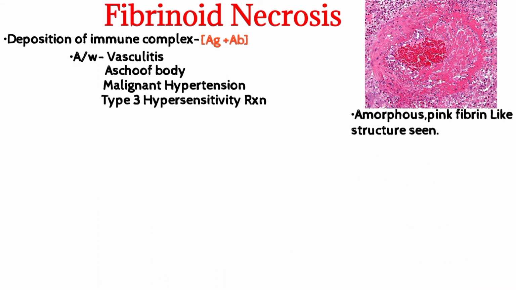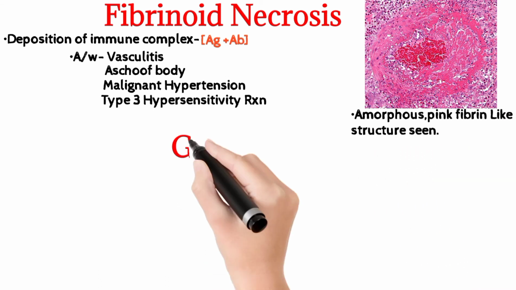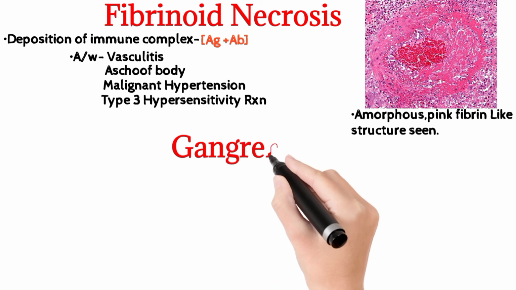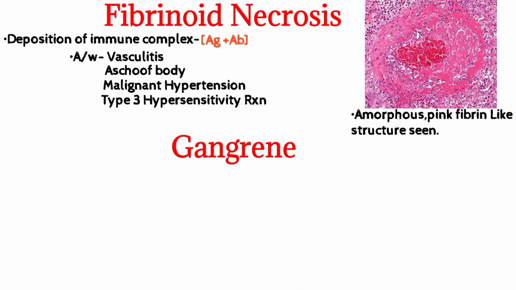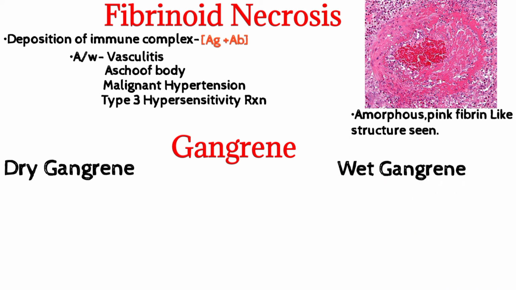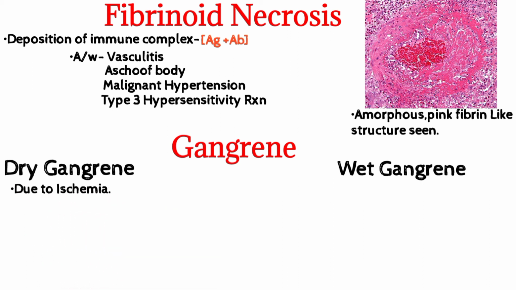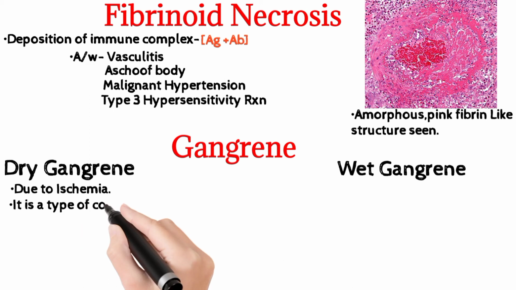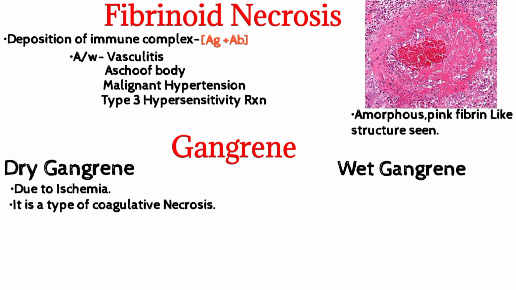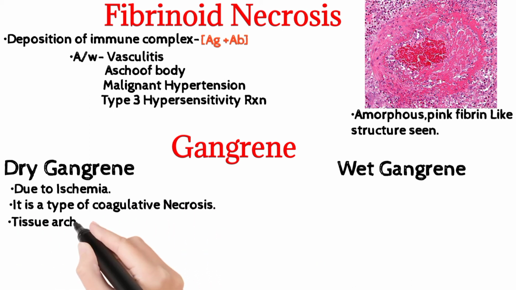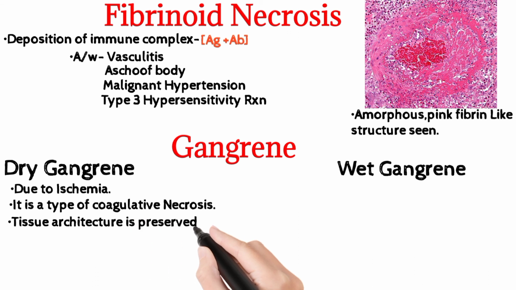Now let us know a little about gangrene. Gangrene is of two types, dry gangrene and wet gangrene. Dry gangrene is due to loss of blood supply, that is ischemia. It is a type of coagulative necrosis, so tissue architecture is preserved.